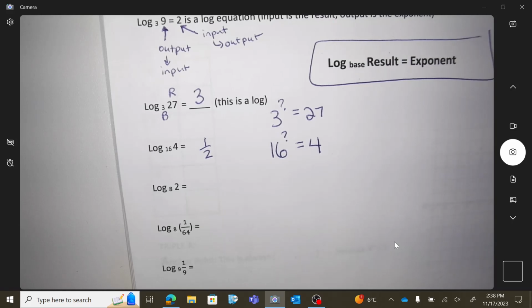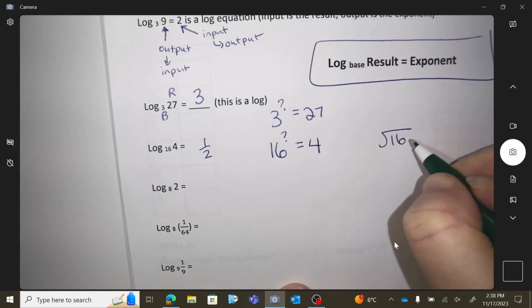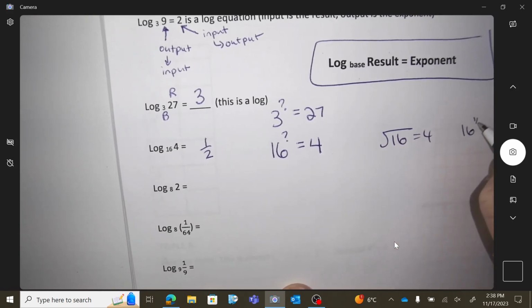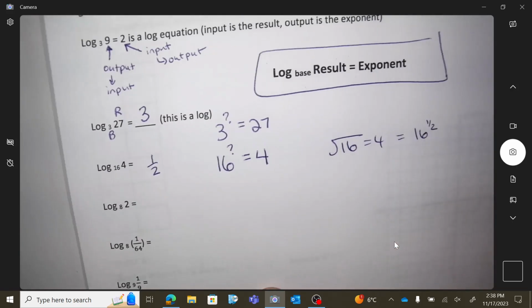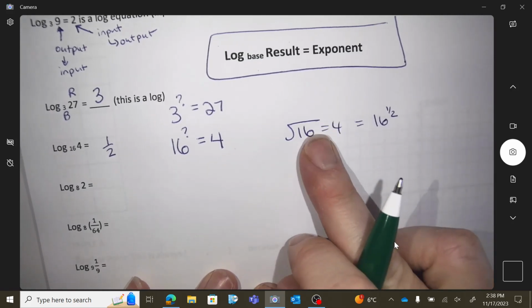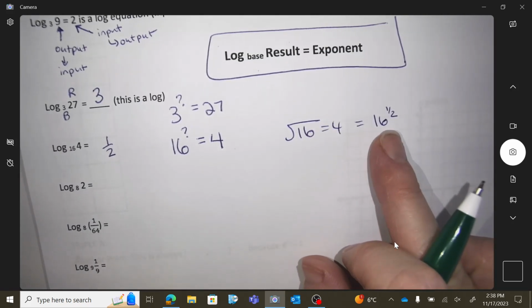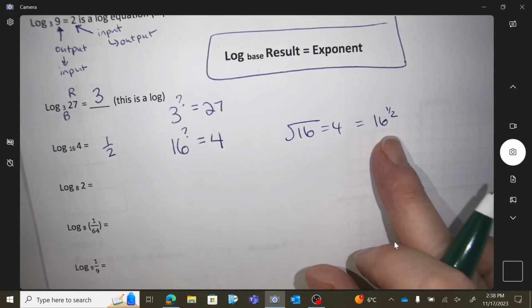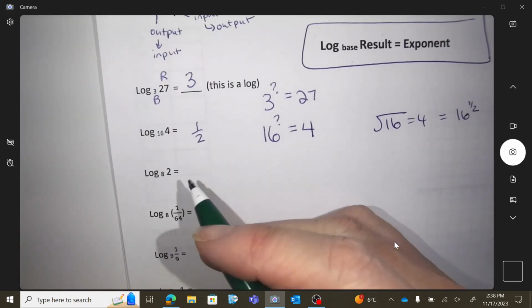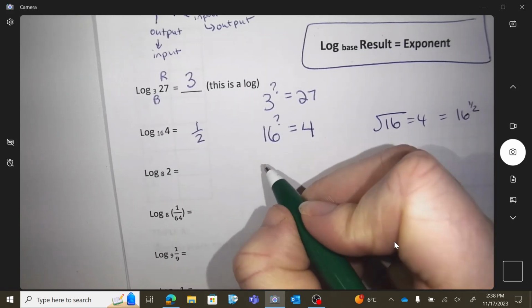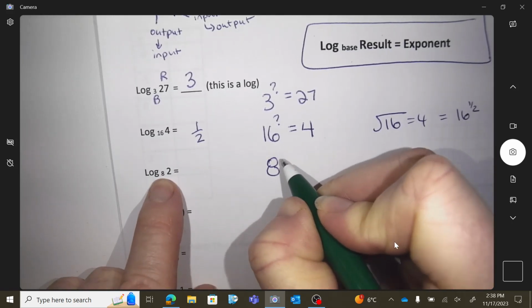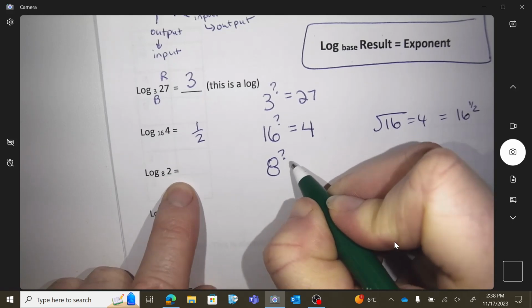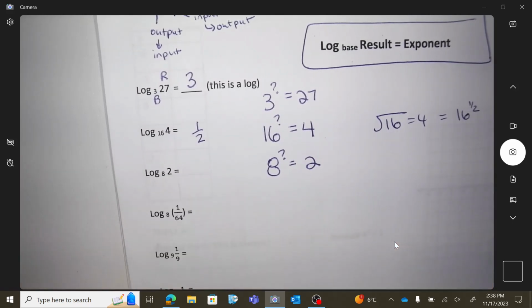Square rooting 16. Okay? Square root of 16 is 4, but we're not talking about radicals. We need exponents. So this radical is the same as that exponent. Okay, so here, 8 is a base. What would give me a result of 2?